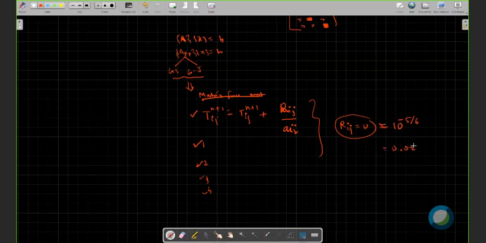It should be very, very close to 0. When r_ij reaches such values, then you stop your simulations.